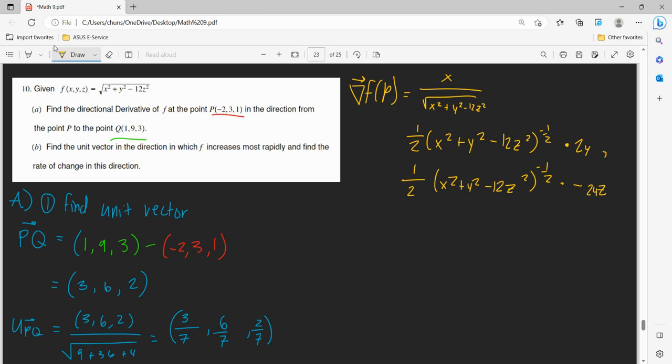For this term, this is going to be plus, so our 2's are going to cancel out once again, so this is y over the square root of x squared plus y squared minus 12z squared. And finally, this is minus 12z over the square root of x squared plus y squared minus 12z squared.